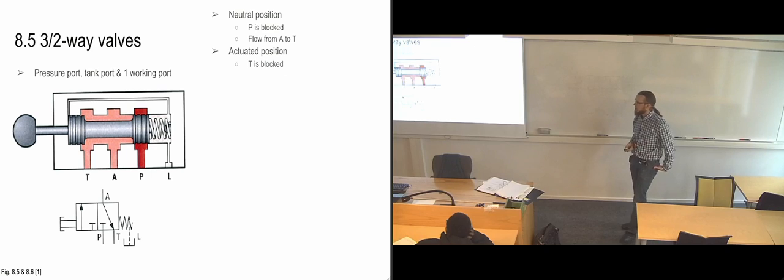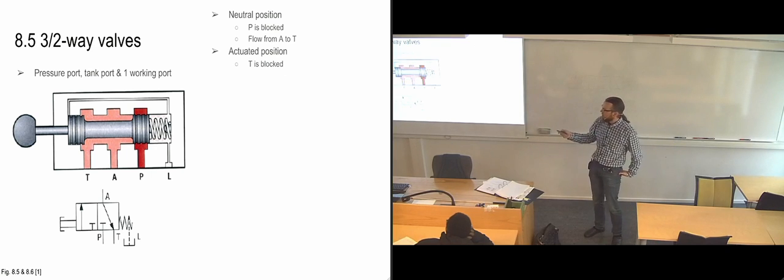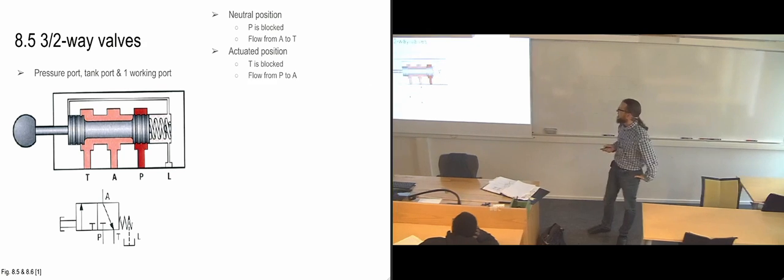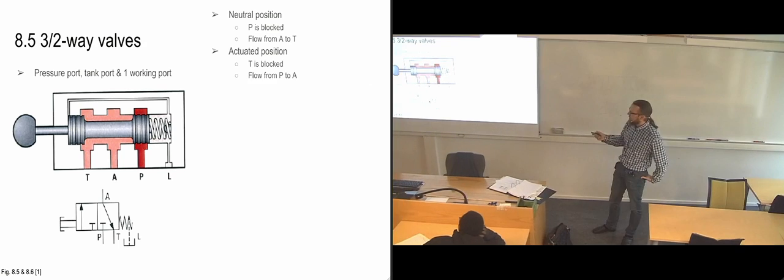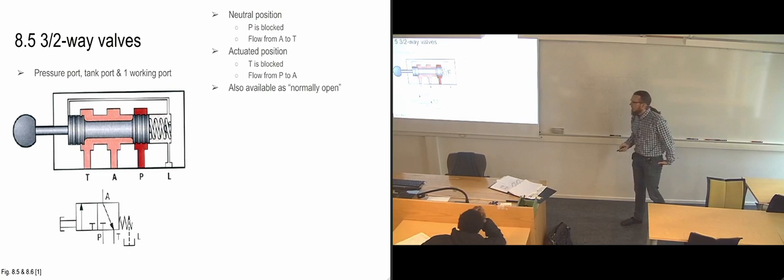And then if we actuate it, so if we push down the push button, then the tank port is going to be blocked, and we're going to get flow from P to A, because then we're going to open up the P port.